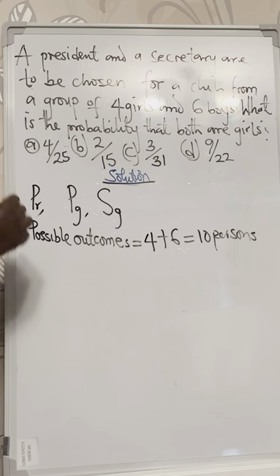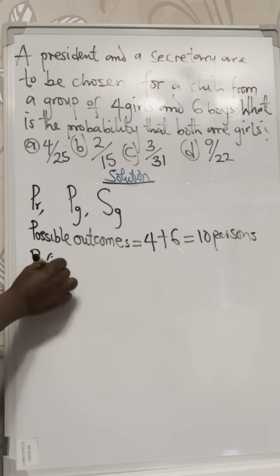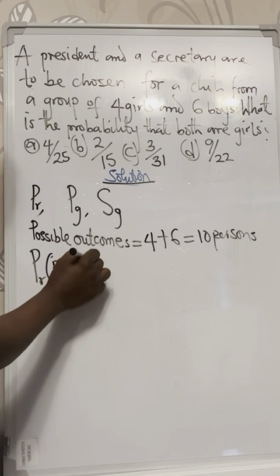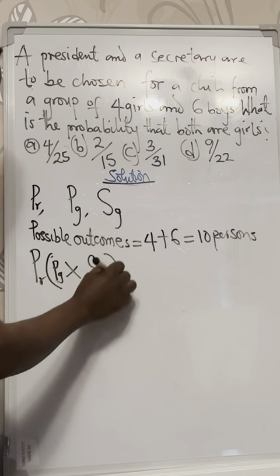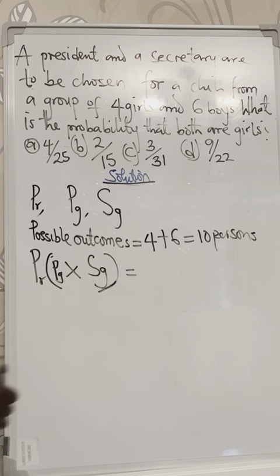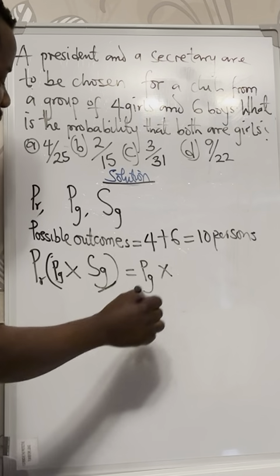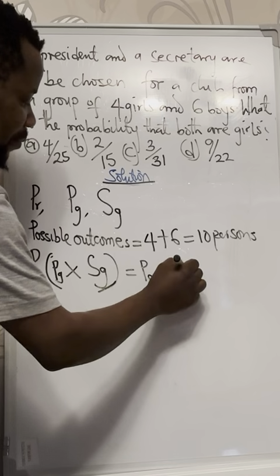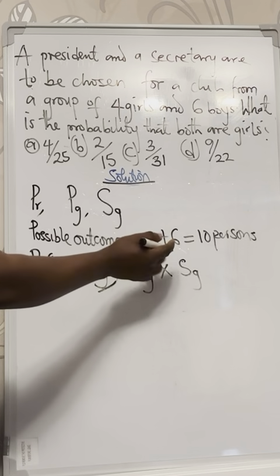Now, the probability, let me open the brackets, that the president is a girl times the probability that the secretary is also a girl is equal to the probability of a girl president times the probability of the secretary as well being a girl.